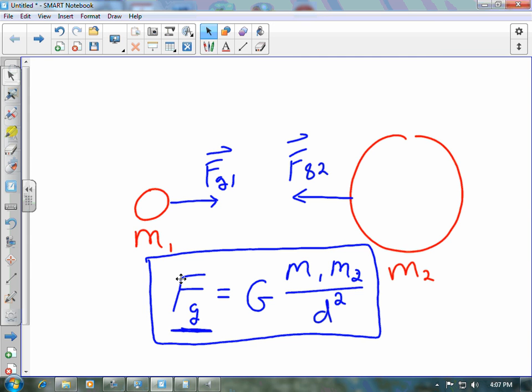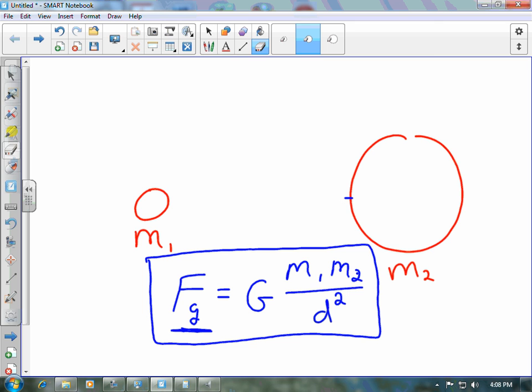Now, a couple important things. First of all, what is the denominator of the equation? Nicholas. D squared. Right, D squared. Excellent. So let's do a little bit of math here.